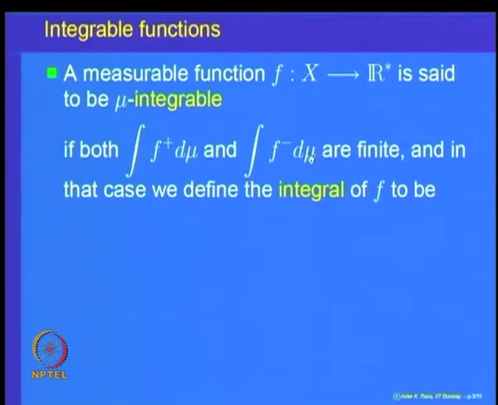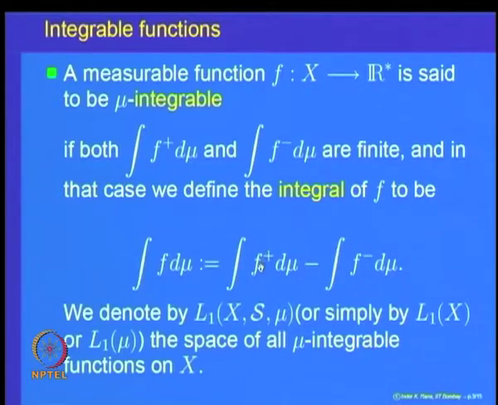And in that case, we say the integral of f is equal to integral of f plus minus integral of f minus. Let us once again emphasize that a function is mu integrable if and only if both f plus and f minus have finite integrals, and the integral of f is written as integral of f plus minus integral of f minus.